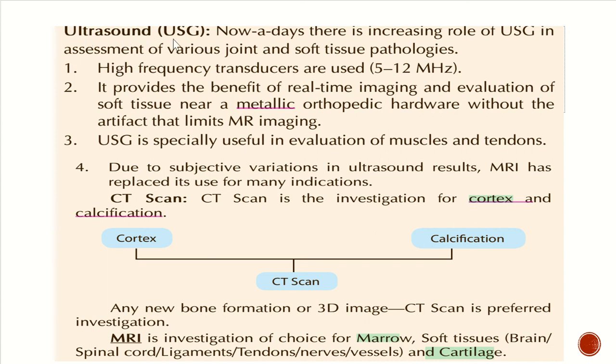Now discussing ultrasound. It uses high frequency transducers, 5 to 12 megahertz, and it has a benefit that it can be used in evaluation of soft tissue near metallic orthopedic hardware, which limits MR imaging. Means we can use ultrasound near metallic implants.